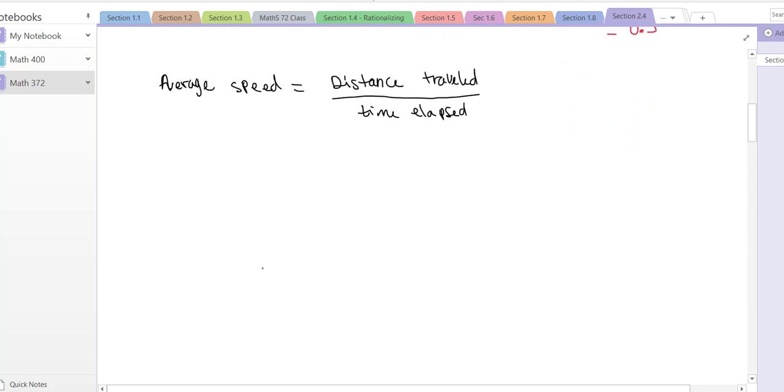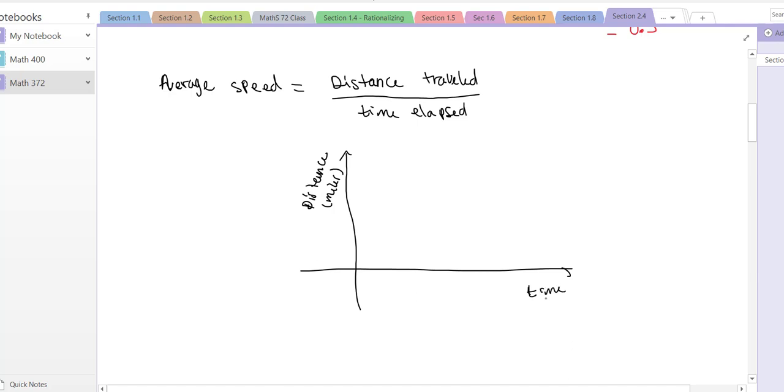So, for example, if we are able to plot a graph of distance over time, so if I have the distance here, sorry, hard to write sideways, in miles, and this is your time in hours. And so say you have some sort of curve that describes your travel.